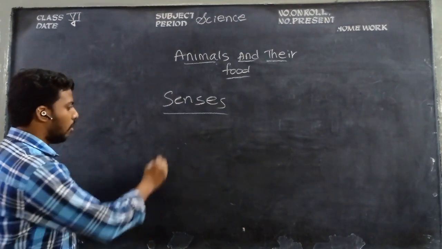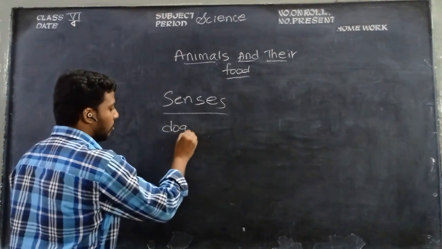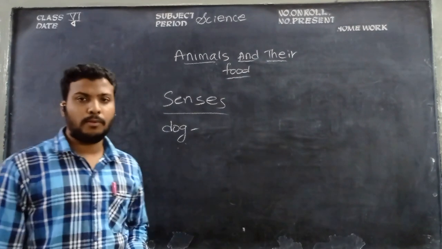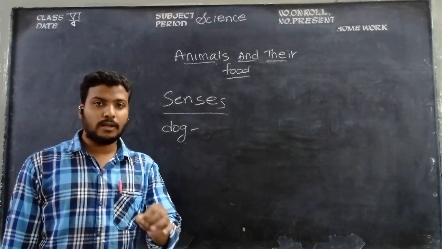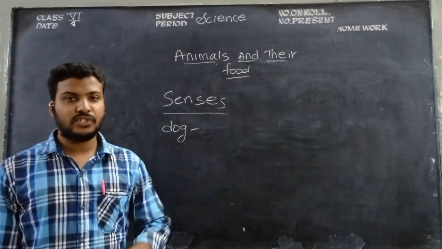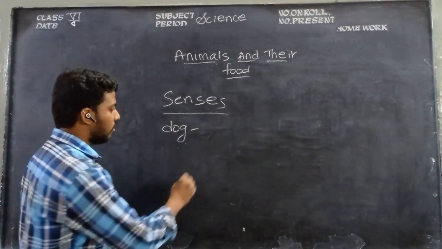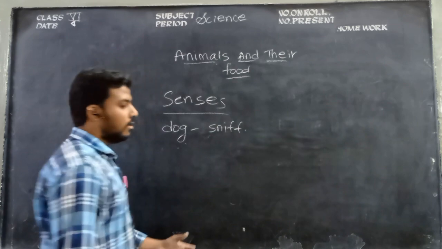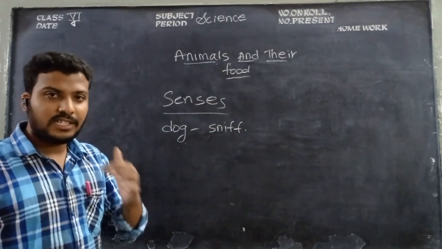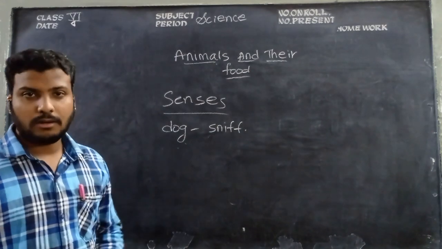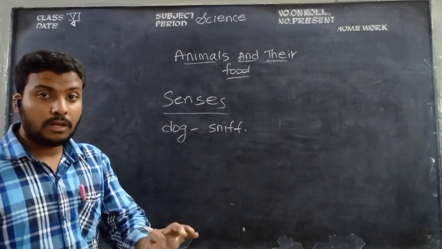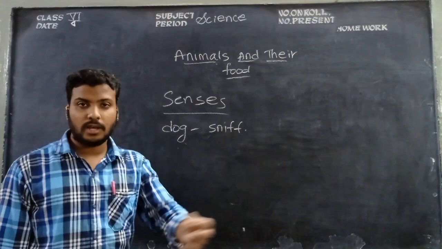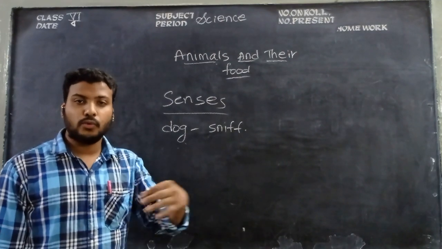You know the dog. If a dog wants to eat any food material, first of all it sniffs. With the help of its nose, it sniffs the food materials, and based on the sniff, it decides whether to eat or not.